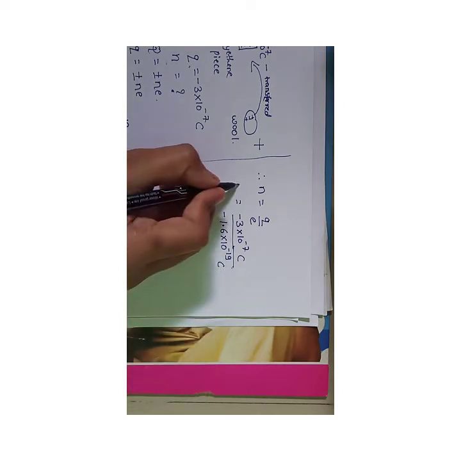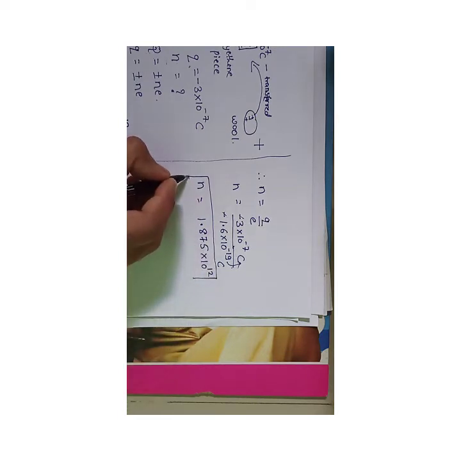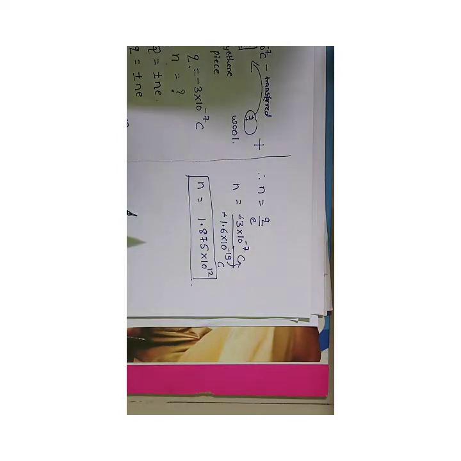The coulomb gets cancelled, the negative sign cancels, and we can divide it. The final answer comes to be 1.875 into 10 raised to plus 19 minus 7, which is 10 raised to 12. No unit. So this is the number of charges transferred from wool to the polythene piece.